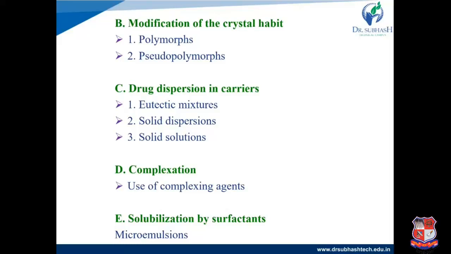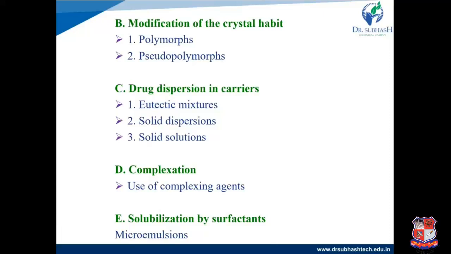Next one, that is solubilization by surfactants. Examples are microemulsions and self-emulsifying drug delivery systems. Surfactants are used as absorption enhancers, and they also enhance the dissolution rate as well as the permeability of the drug. Surfactants reduce the interfacial tension and enhance the solubility or dissolution rate by promoting wetting and penetration of dissolution fluid into the solid drug particle.